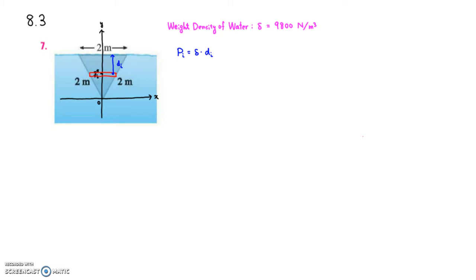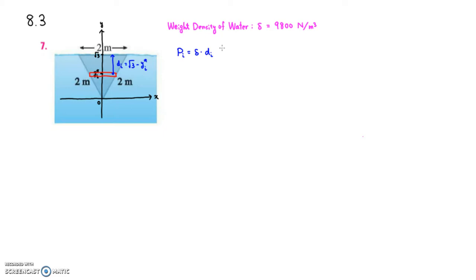So we know that at this point y equals square root of 3. The depth di is the difference between square root of 3 and yi star, so di equals square root of 3 minus yi star.